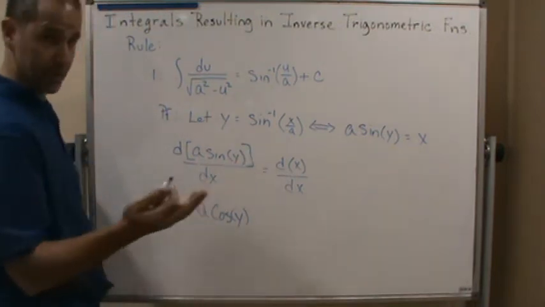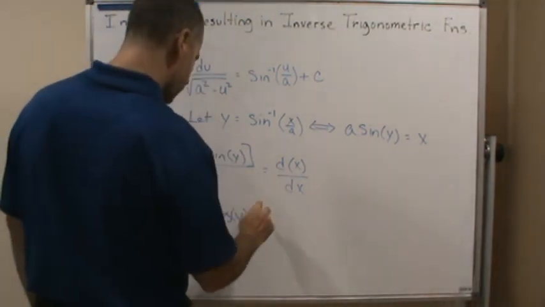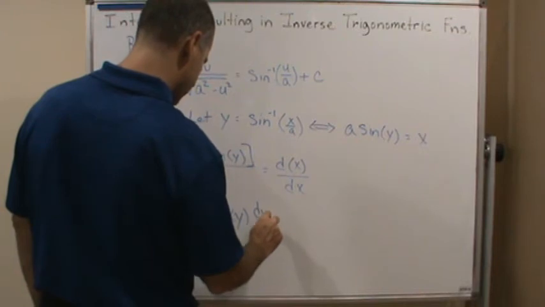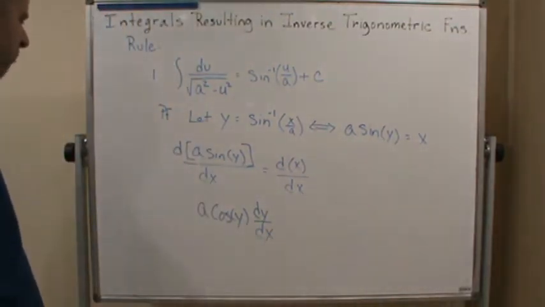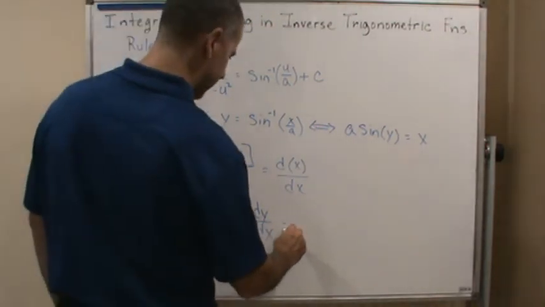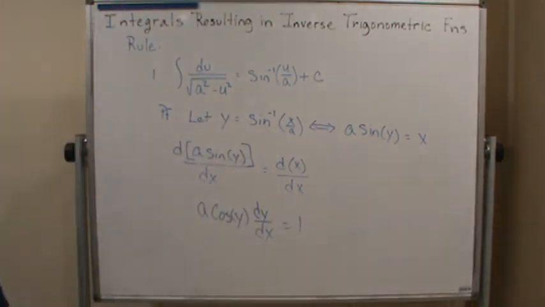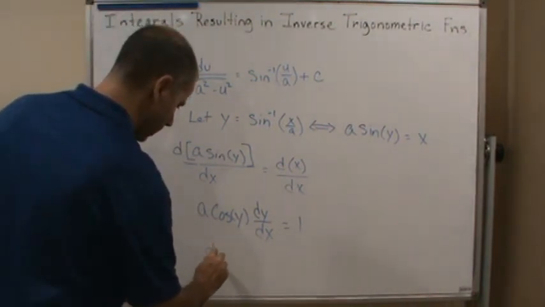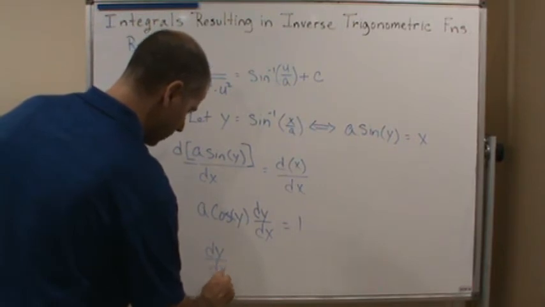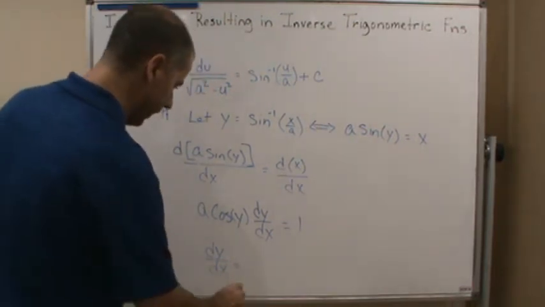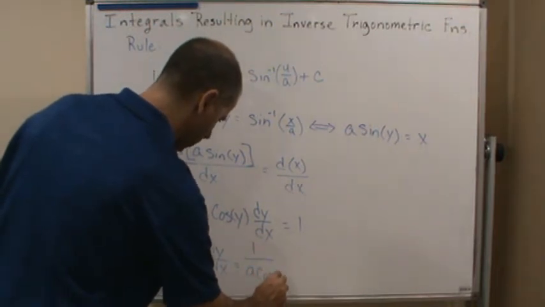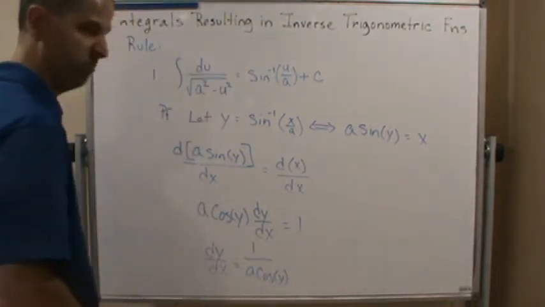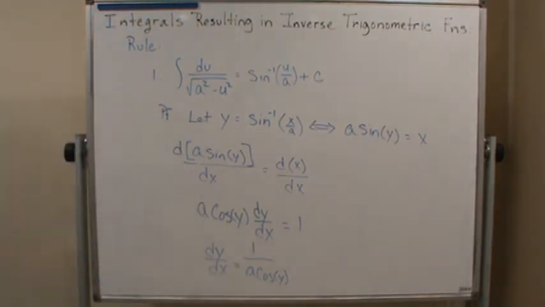That's why we're doing implicit differentiation. This should be review. The other side is just 1. So dy dx equals 1 over a cosine y.